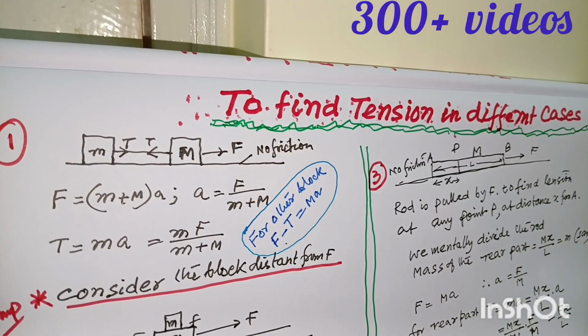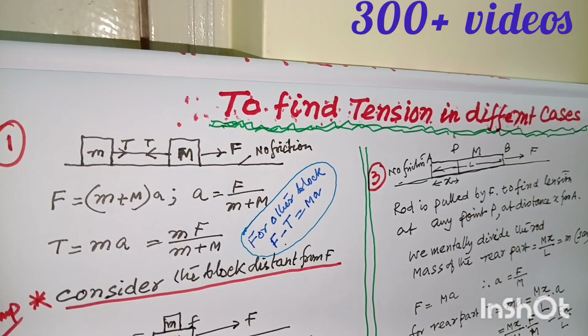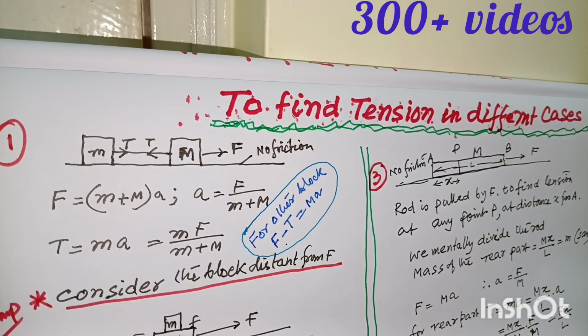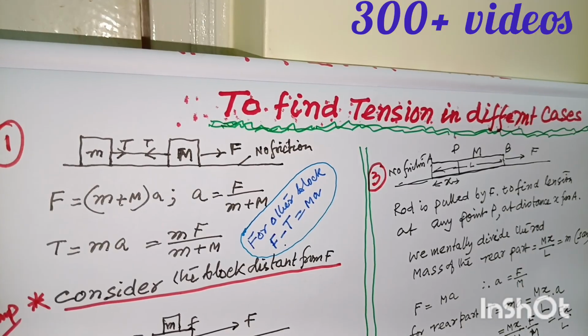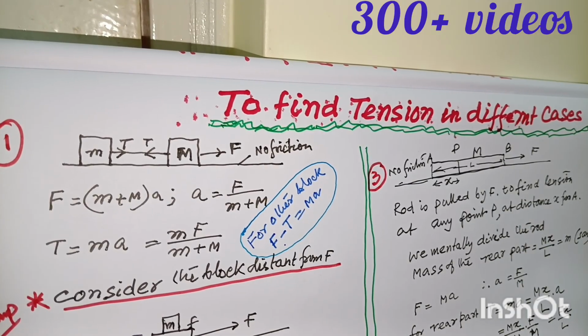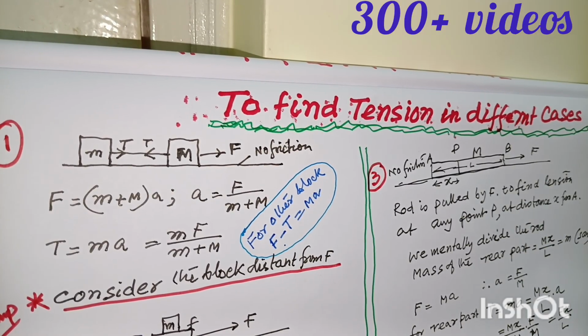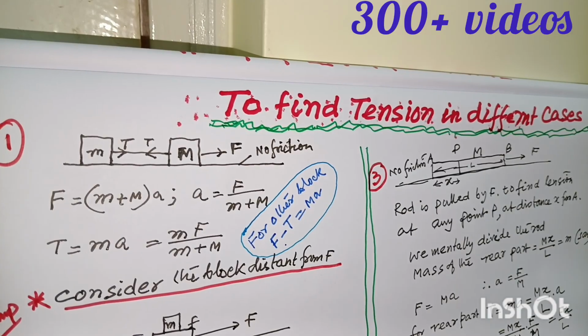Now if we have to find the tension in the string, what will we do? We have to make a free body diagram. In such cases, we will do one thing. Please note carefully. At first, we will consider the two bodies as a whole as a system.